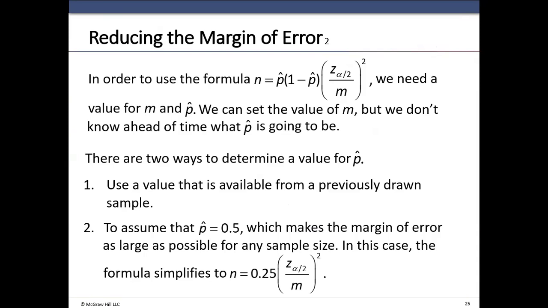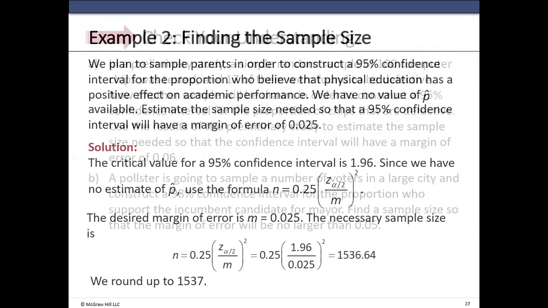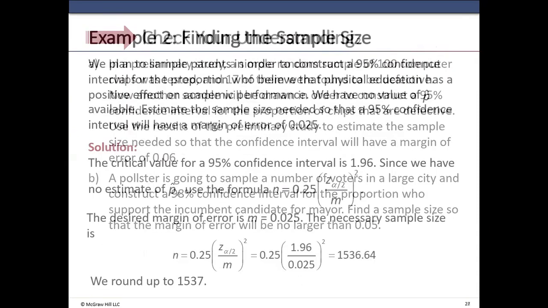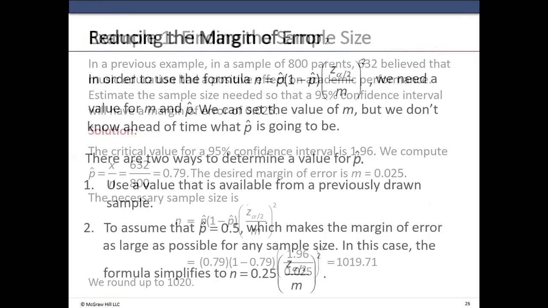And z alpha by 2 is 1.96 for the 95% confidence level, divided by the margin of error, which is 0.06. Put the right parenthesis. Notice after the last right parenthesis, we have to square it.